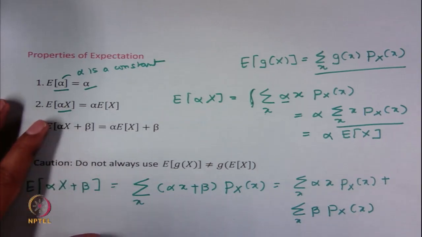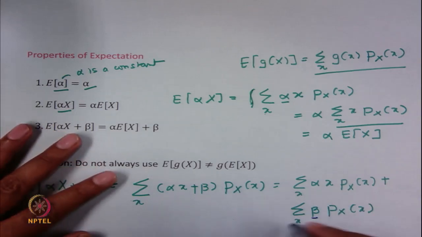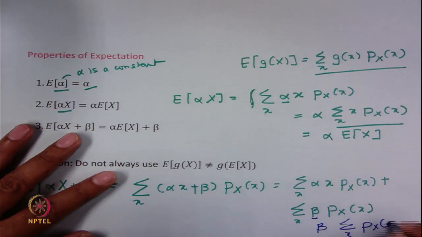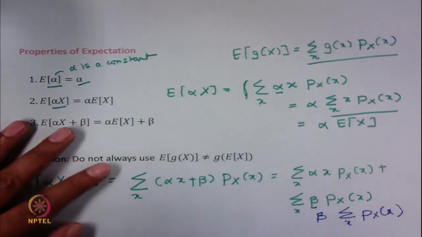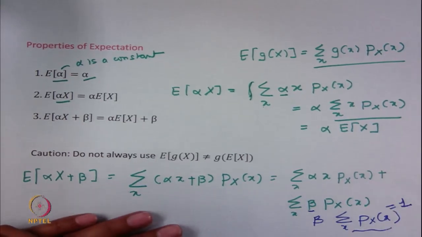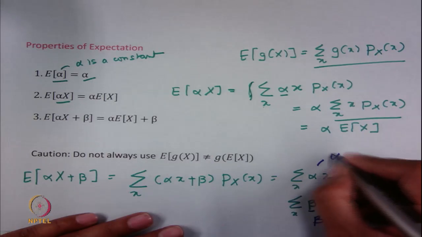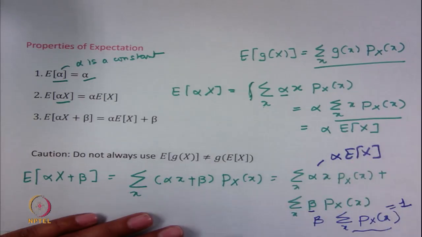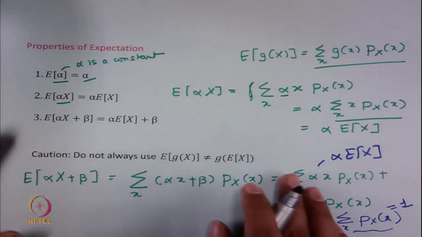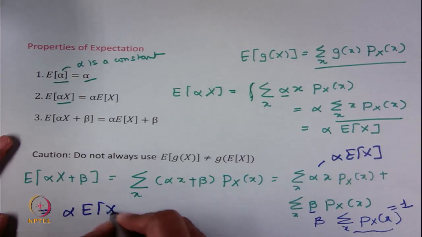We get this, and if you look carefully, this beta can be pulled out because it is not a function of x. So, I can have beta times this quantity, which is 1 because the sum of probabilities is always 1. And this quantity is nothing but alpha times E x, and this quantity will then be just beta. So, the expected value of alpha x plus beta is nothing but alpha times the expected value of x plus beta.